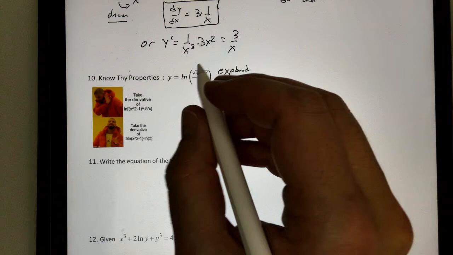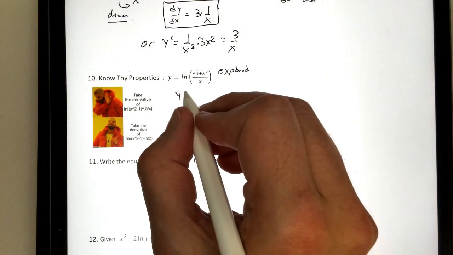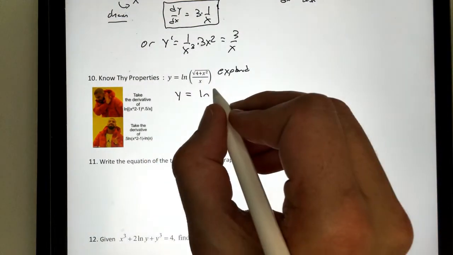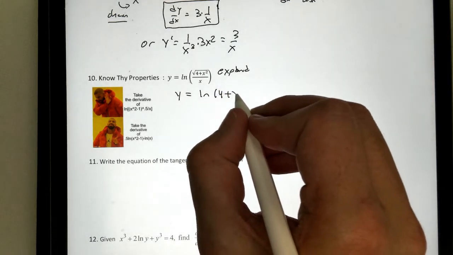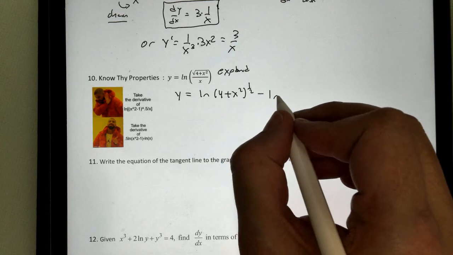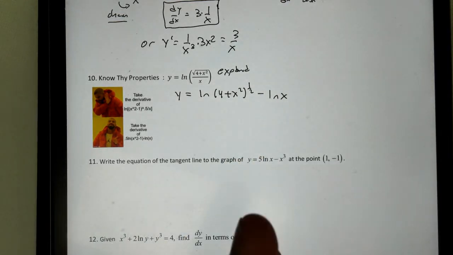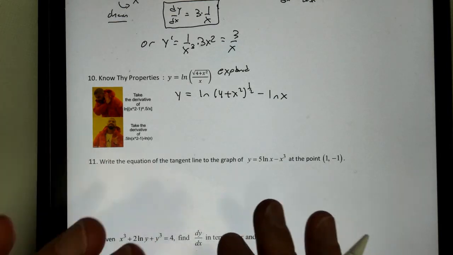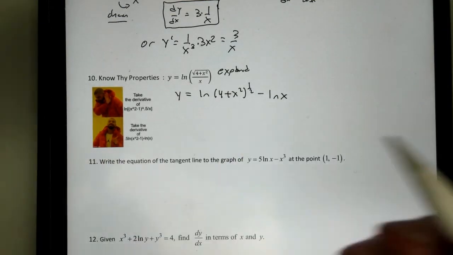When I expand this, we get y equals the natural log of 4 plus x squared to the 1/2 minus the natural log of x. I'm using my property expansions right here. Depending on how good you are with expanding, I can do this in 1 step or 2 steps.